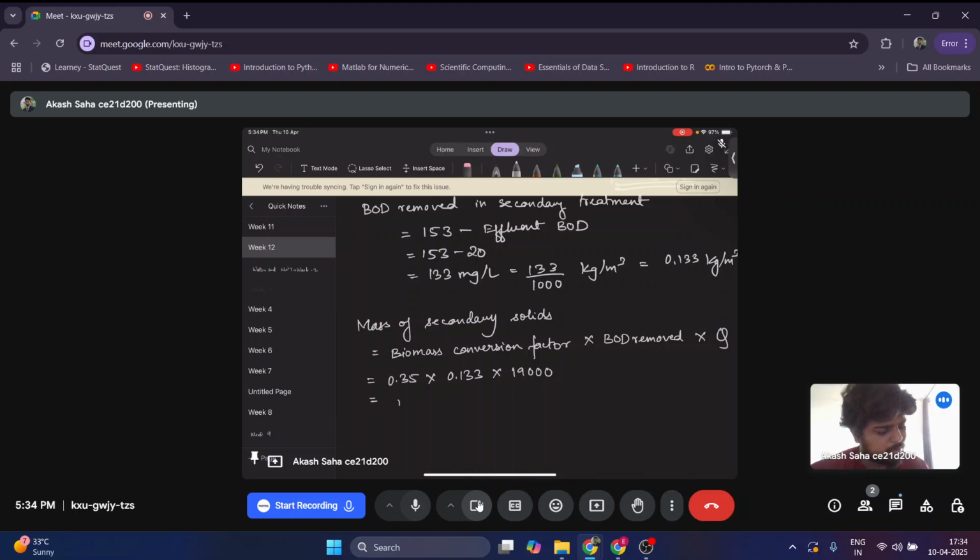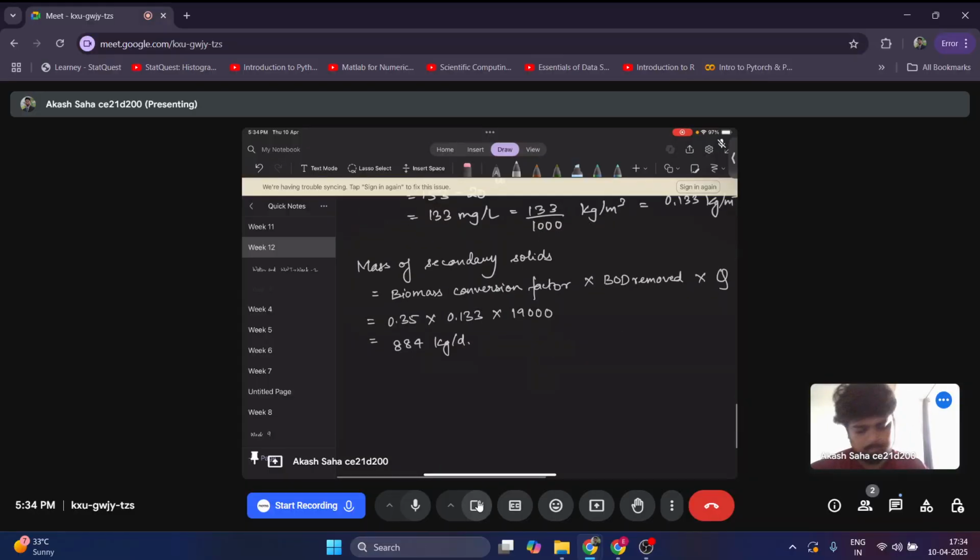It will be equal to 884 kg per day. So the total solids will be my primary solids plus the secondary solids. So 2204 plus 884, and we got it as 3088 kg per day.